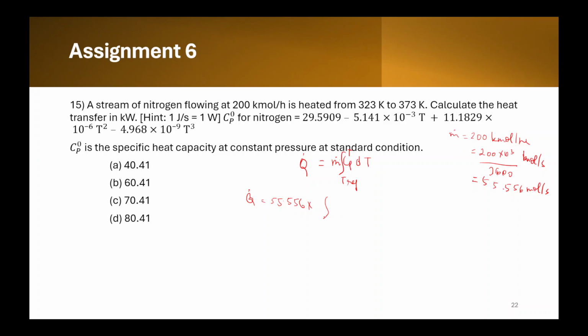now T ref we are given all in Kelvin. Mind you, the temperatures need to be in Kelvin. So 323 to 373, we know Cp.